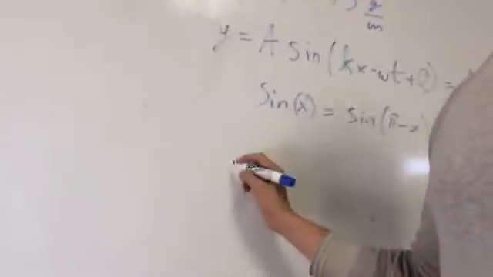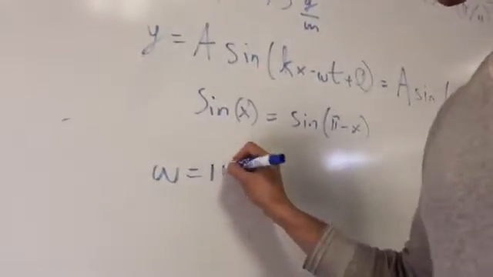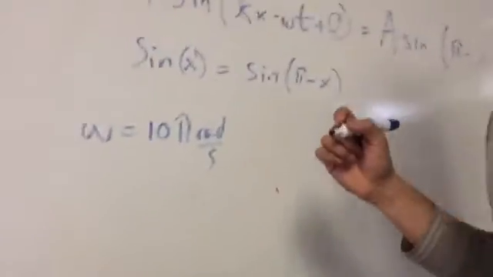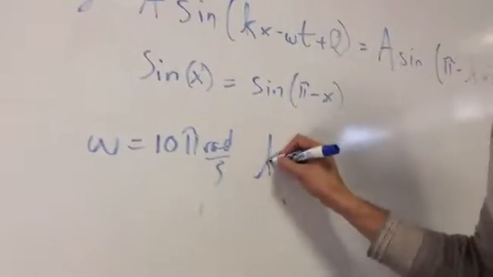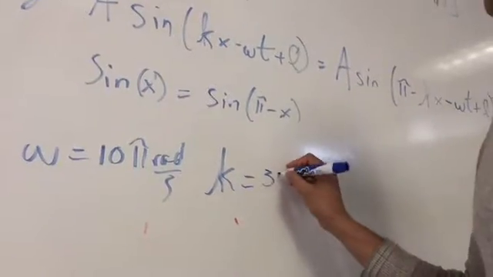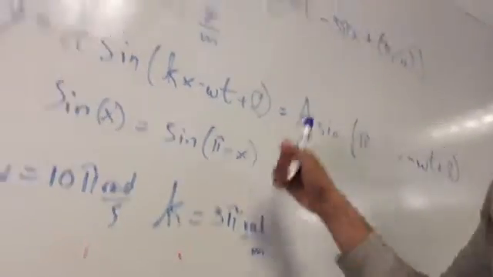First, the angular frequency is equal to 10π radians per second. Then the constant k is equal to 3π radians per meter, as given here.